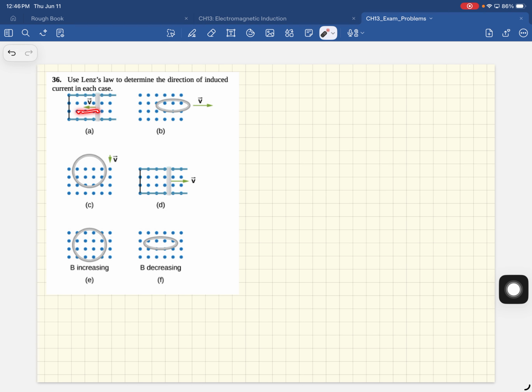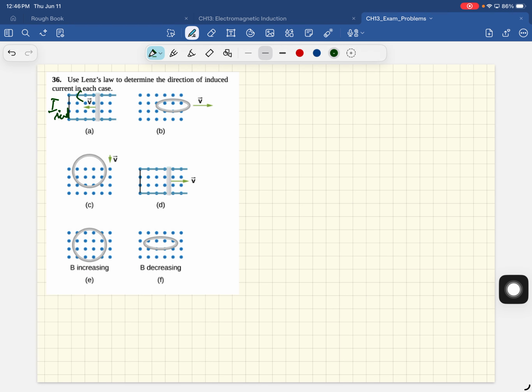Okay, the only thing that is changing is B, so N. No, that's, so initially the flux is NBA and the final flux is zero.